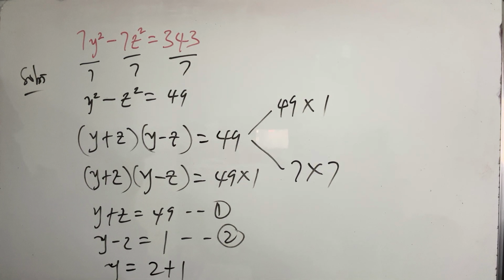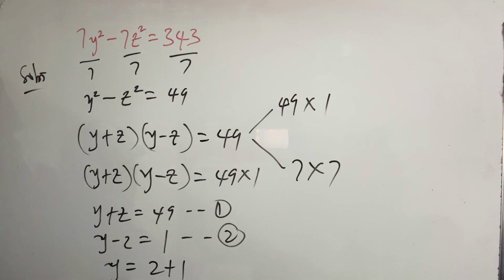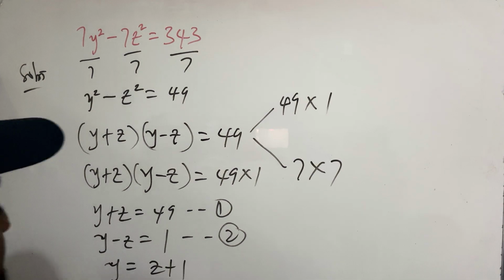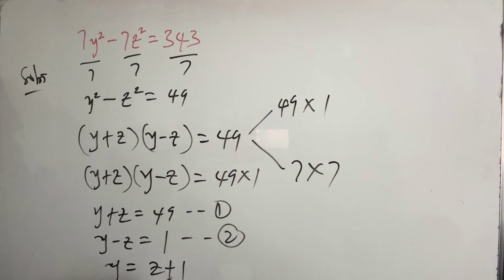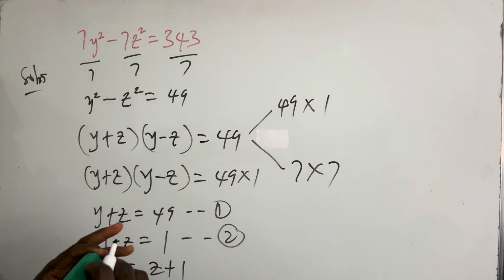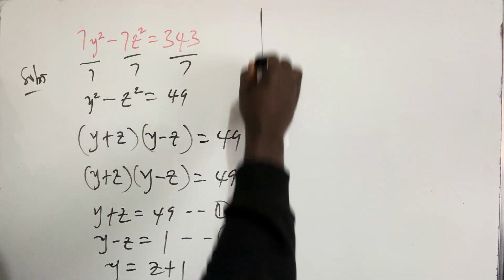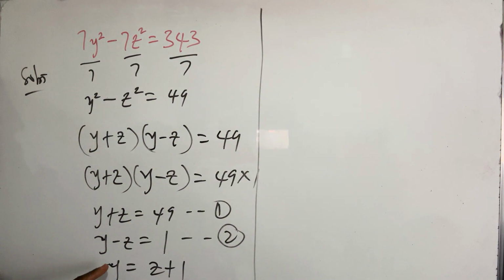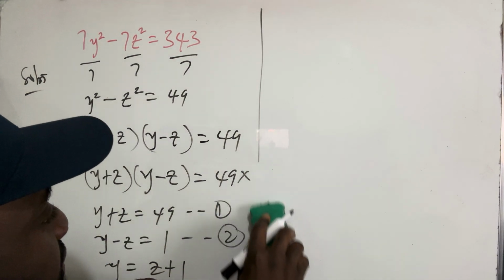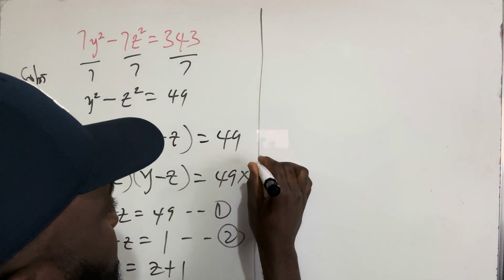If you make y the subject from equation 2, z crosses over and becomes positive. Then we can substitute y in equation 1.